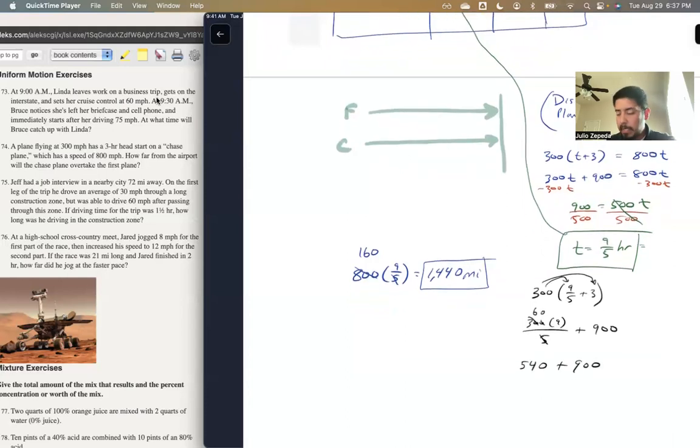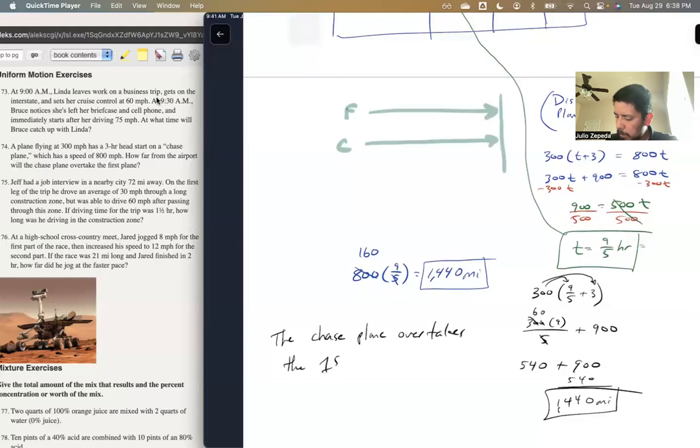And then 900 plus 540 is 1,440 miles. So we've verified it there. And we can now say the chase plane, or even both planes, yeah, the chase plane overtakes the first plane 1,440 miles from the airport.